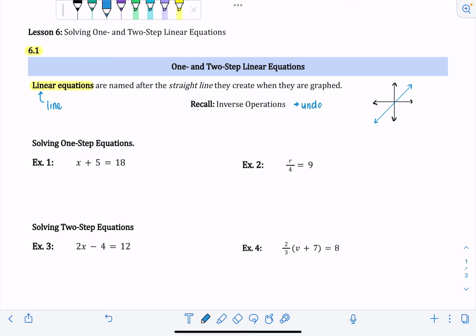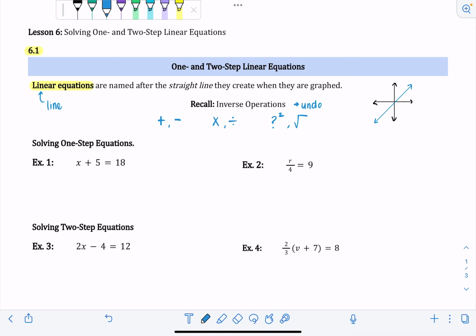A couple of examples would be addition and subtraction, which undo each other, multiplication and division, and from the last unit, squared and square roots. So exponents and roots undo each other as well.